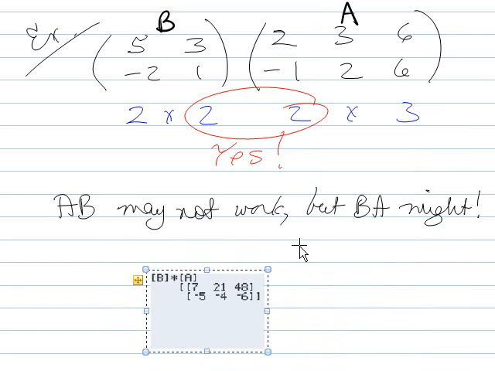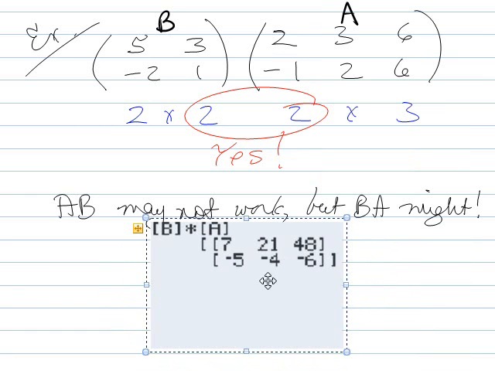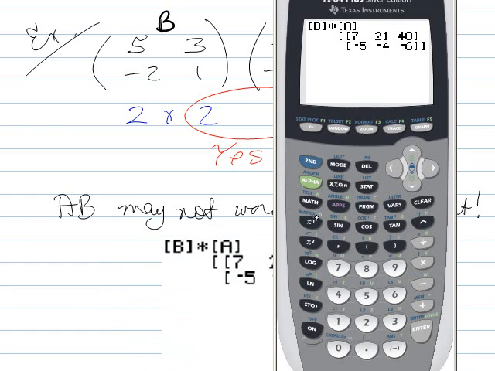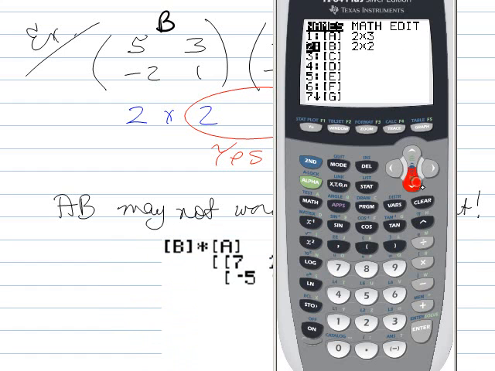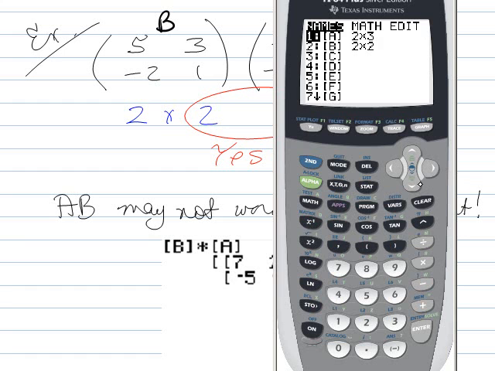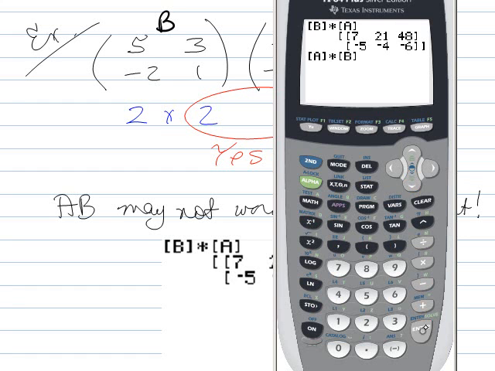Alright, so now if I actually try to put in A times B, let's see what it'll do. Let me try putting it in backwards, A times B. It's going to say, look, there's a dimension mismatch.